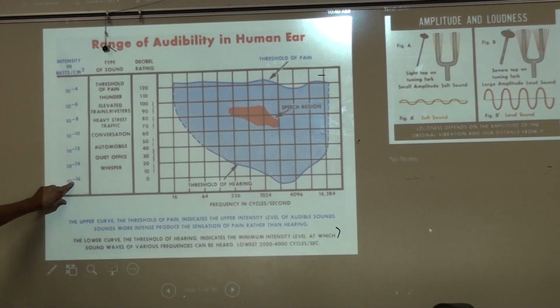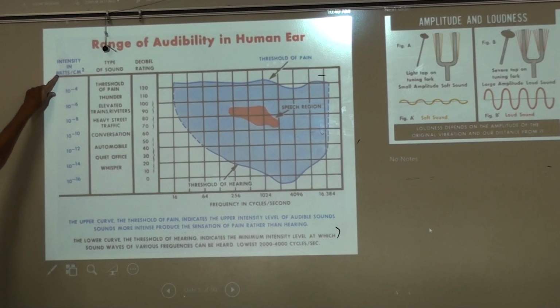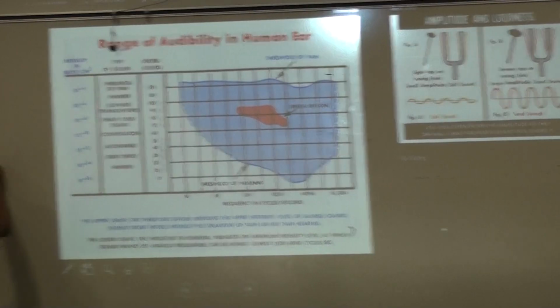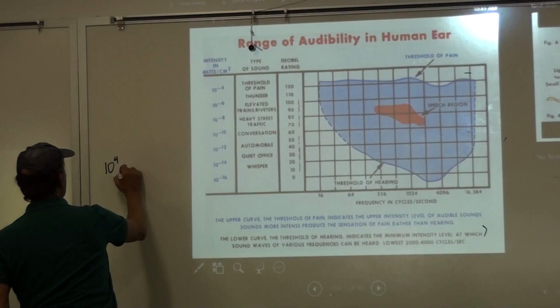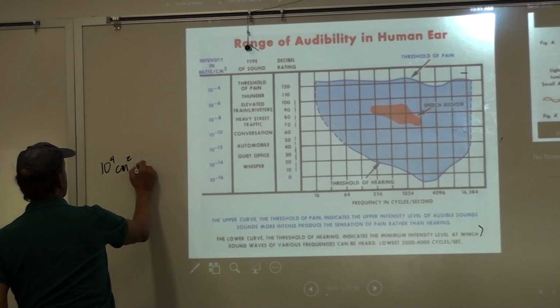And so here, this is 10 to the minus 16, but it's watts per square centimeter. Okay, so a square centimeter is equal to 10 to the minus 4 square meters.